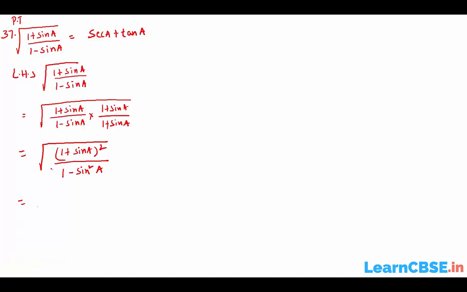So I'm splitting numerator and denominator separately. Under root 1 plus sin A whole square, whole divided by under root 1 minus sin square A. Write the identity: sin square A plus cos square A equals 1.